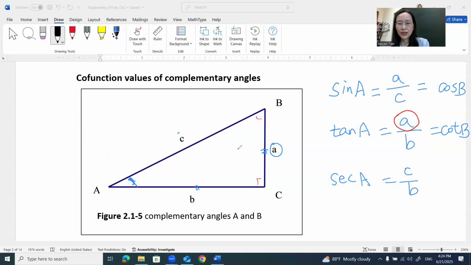So for the angle B, if c is the hypotenuse, this b, lowercase b, is the opposite side.